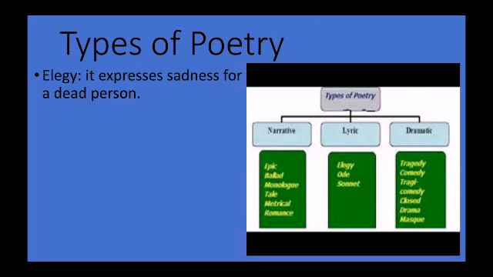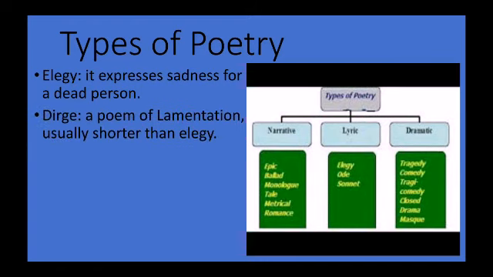Elegy is a poem that expresses sadness for a dead person. So a poem that you write dedicated to a dead person is called elegy. Another one is dirge. A dirge is a poem of lamentation. Normally, dirges are usually shorter than elegies. It's a poem to mourn the dead.